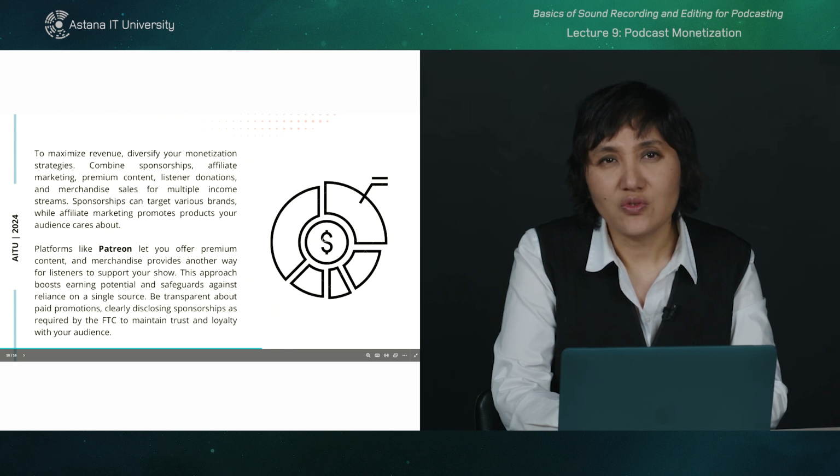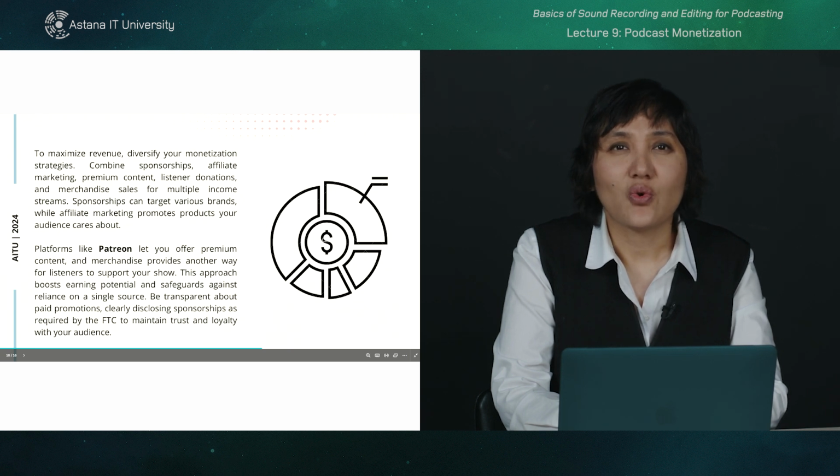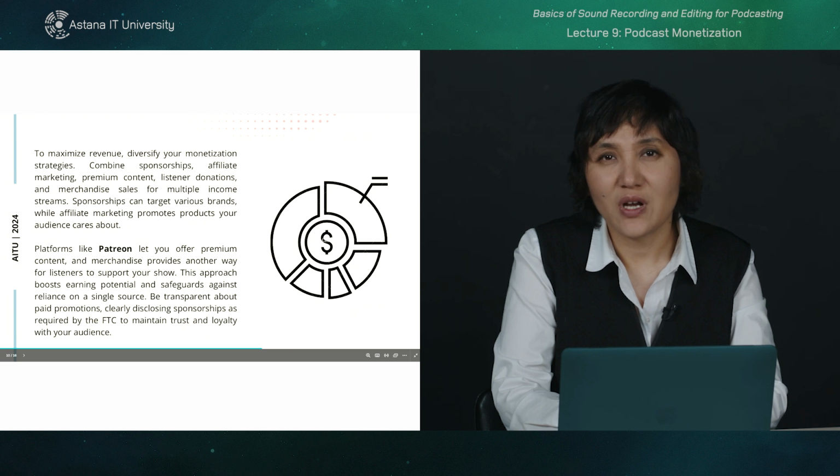Offering premium content through platforms like Patreon or selling branded merchandise provides additional ways for listeners to support your podcast. Diversification not only increases earning potential but also safeguards your podcast from relying too heavily on any one source of income.